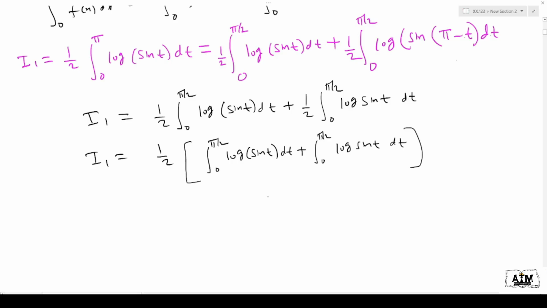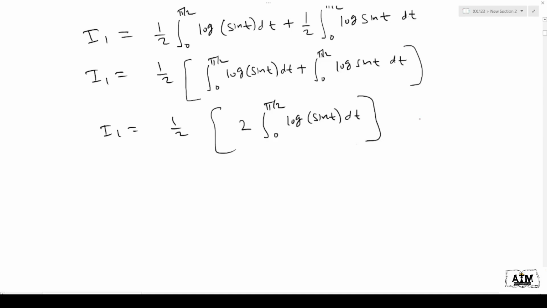with respect to t. I1 equals 1 upon 2. Both the terms are the same, therefore 2 multiplied by integral 0 to pi by 2 log of sin t with respect to t. Now we have the property of definite integration: integral a to b of f of x dx equals integral a to b of f of t with respect to t.